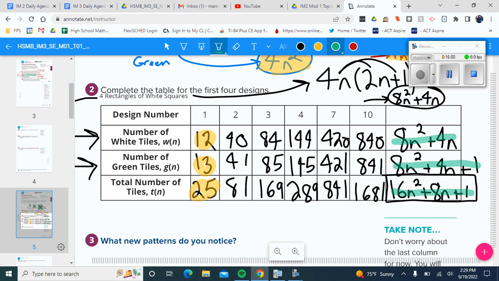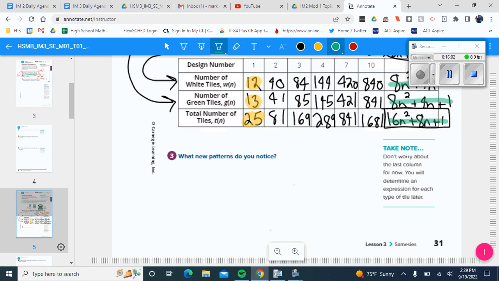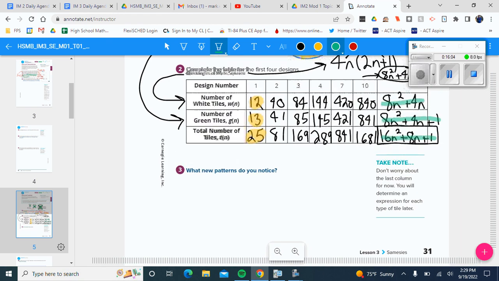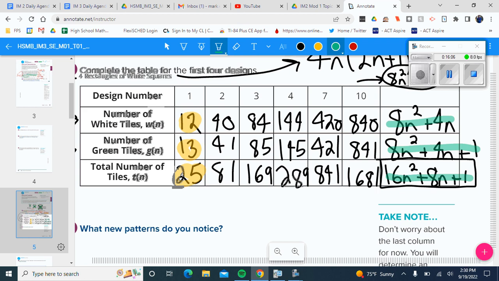And then finally, problem 3, what new patterns do you notice? Well, here's the big pattern. I'll highlight this here in red. Notice that green is always one more than white. So we had 13 compared to 12, 41 compared to 40, 85 compared to 84. And you can keep on going.